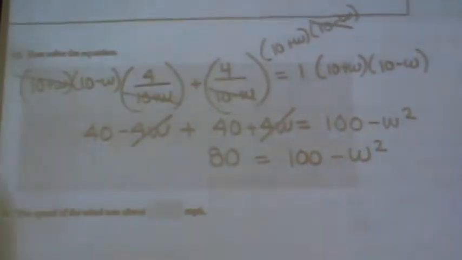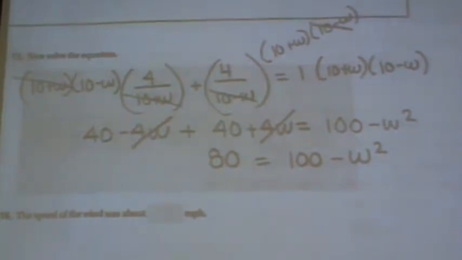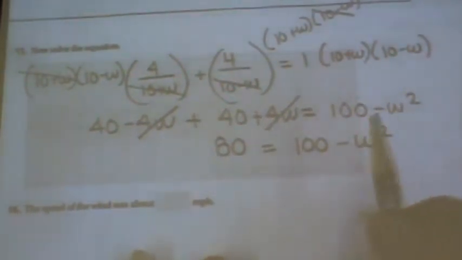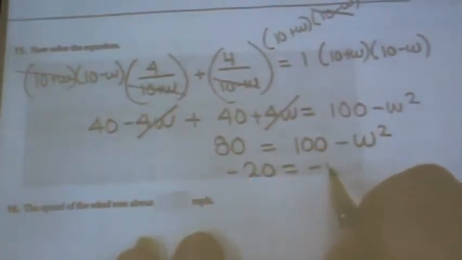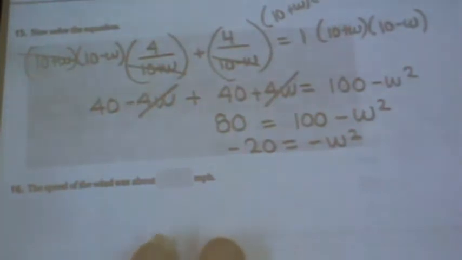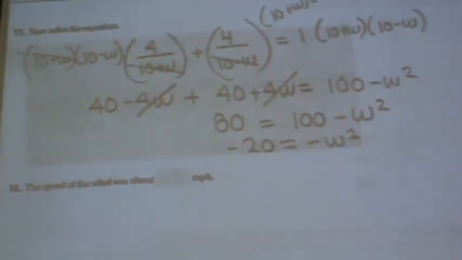Now, these ones where it's missing a middle term, I would take the square root of both sides. I'm going to subtract 100. Negative 20 equals negative W squared, then what? Divide by what? Negative 1. What else? Square root.